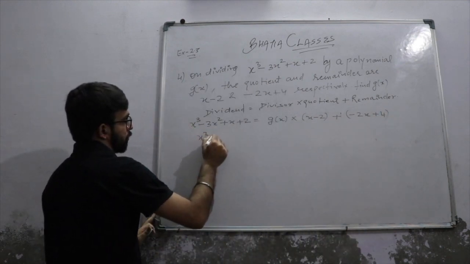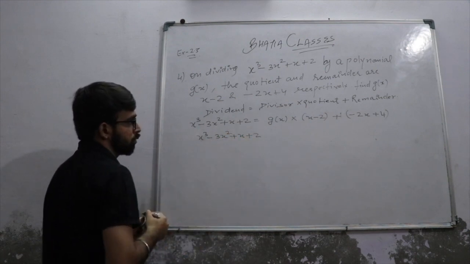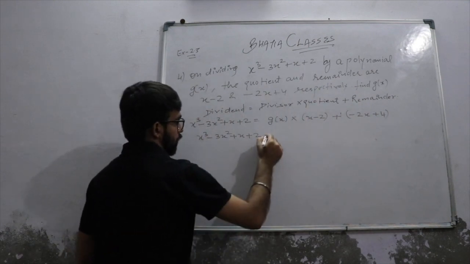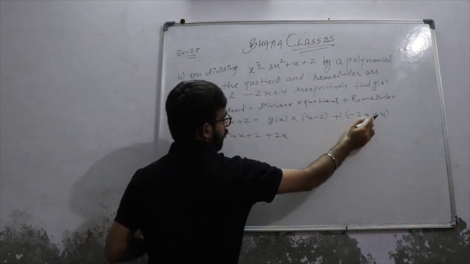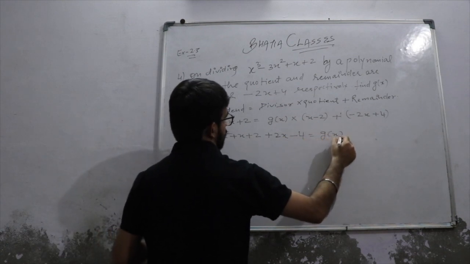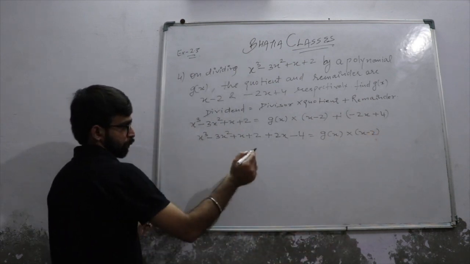x cube minus 3x square plus x plus 2. Bring these quantities into the left side. Minus 2x will be plus 2x and plus 4 will be minus 4, is equal to g(x) multiply x minus 2.